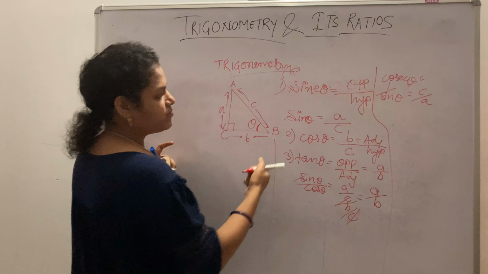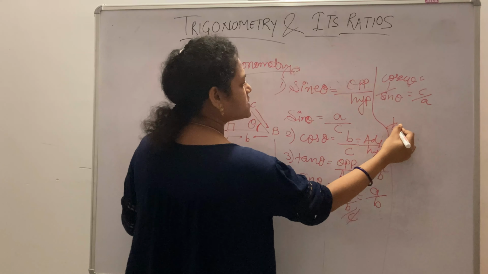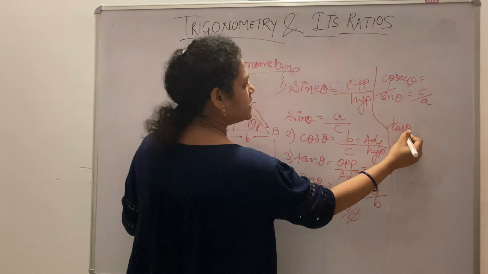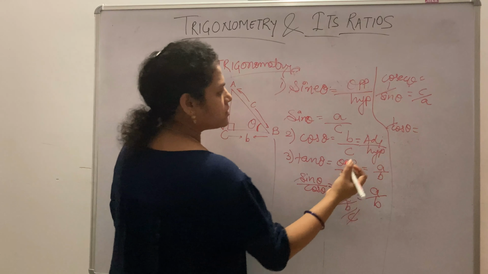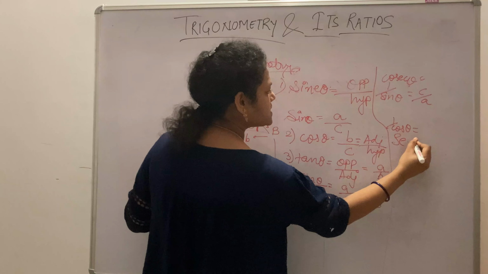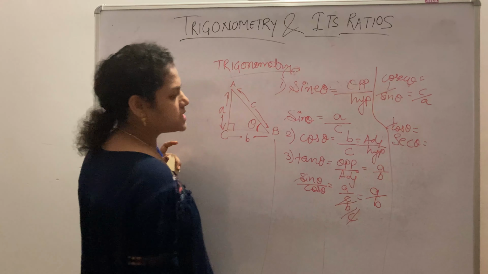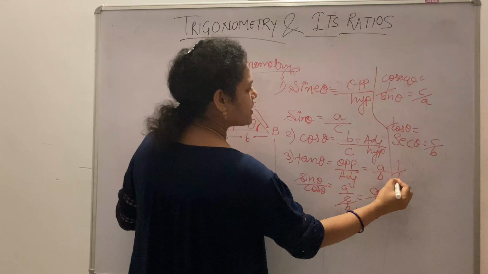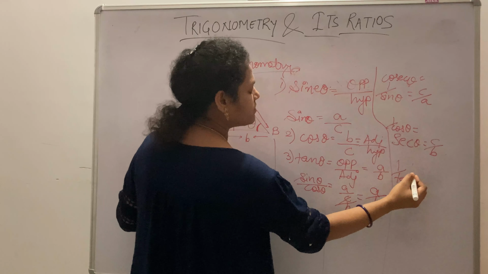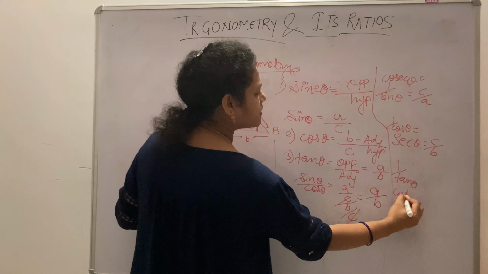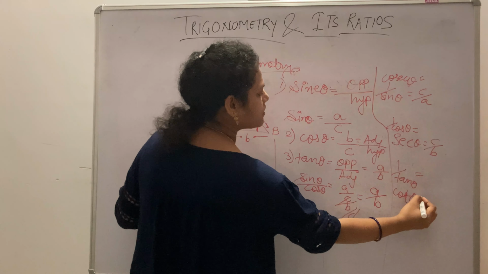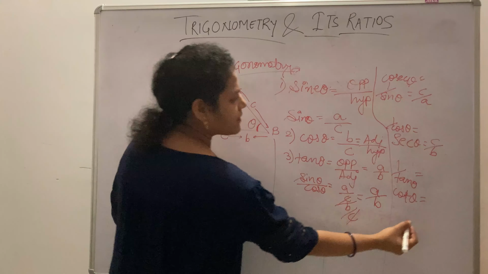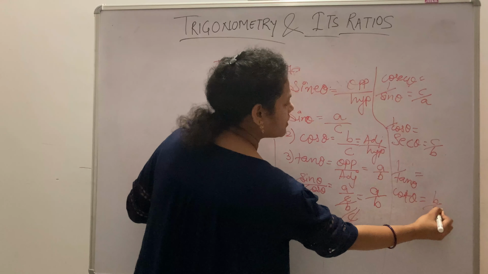And the reciprocal of cos theta is sec theta, that is C by B, right? And the reciprocal of tan theta, that is 1 by tan theta, is nothing but your cot theta, which means B by A.